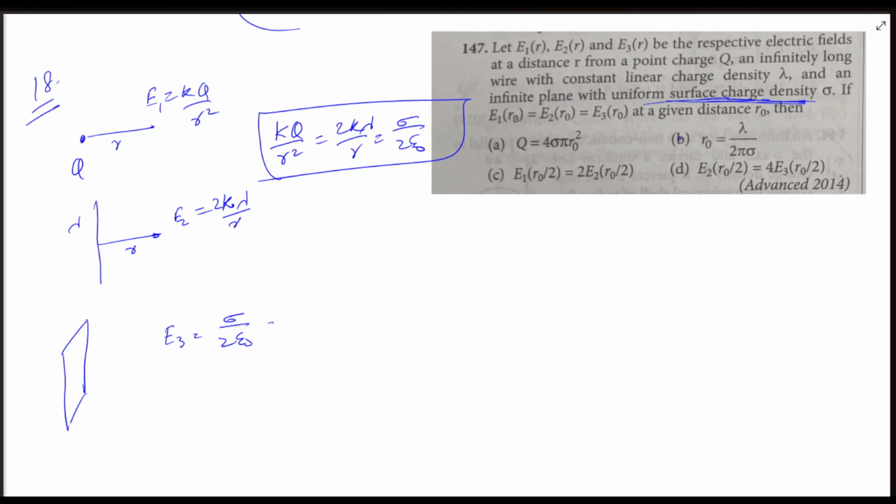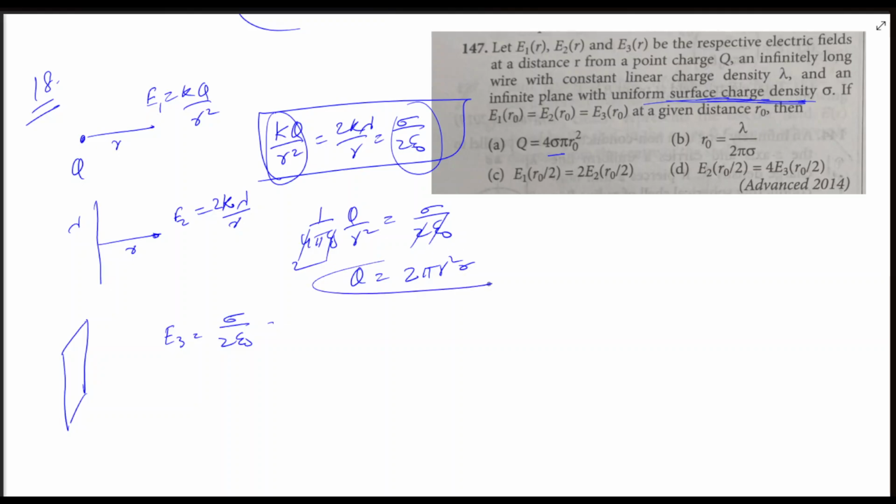Now at a distance r naught, q equals this. So we have to equate q and sigma. So 1 upon 4 pi epsilon naught, q upon r square will be equal to sigma upon 2 epsilon naught. So epsilon naught cancels, this will be 2, this cancels. So q will be 2 pi r square sigma. Is it matching? No. So this is wrong.